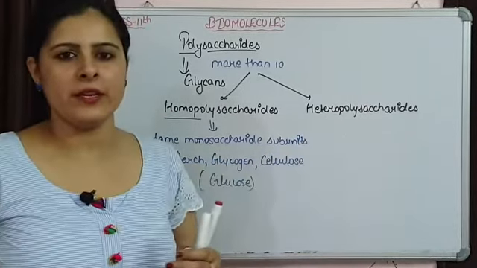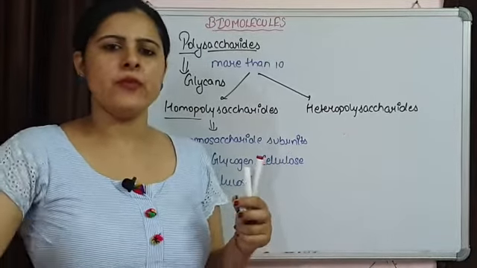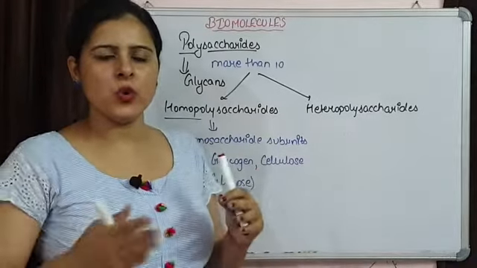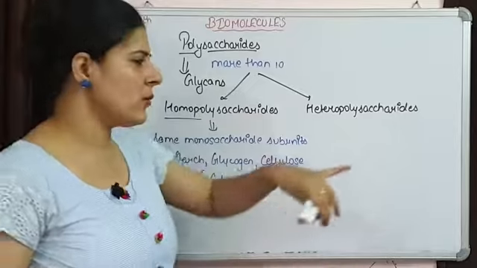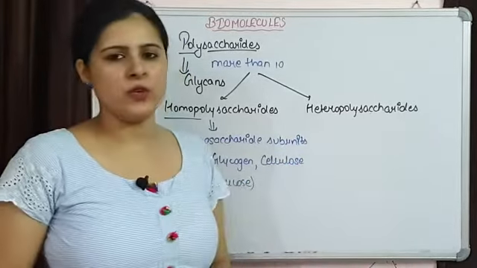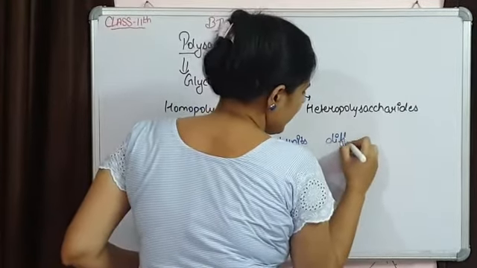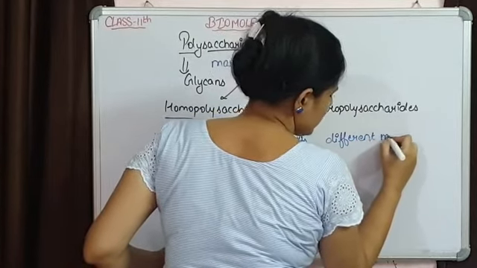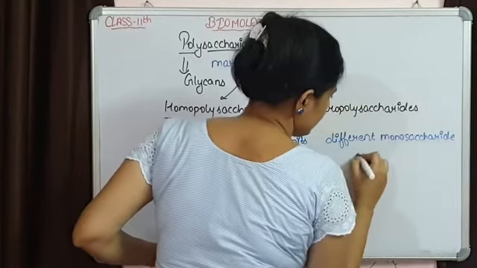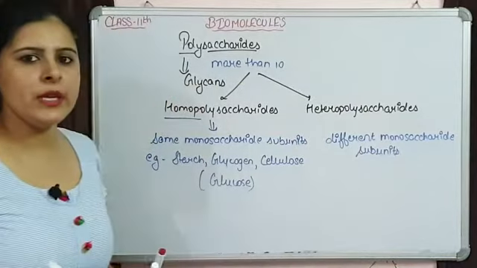Hetero means different. So here two or more than two different monosaccharide units are combining together. अलग अलग मोनोसेक्राइड यूनिट्स दो हैं या दो से ज़्यादा अलग अलग मोनोसेक्राइड सबयूनिट्स एक दूसरे के साथ बॉन्ड फॉर्मेशन करती हैं, और वे इन हेटेरोपॉलीसेक्राइड्स के फॉर्मेशन के लिए responsible हैं. So here different monosaccharide subunits are going to be present.